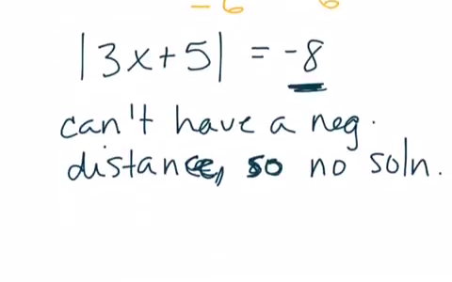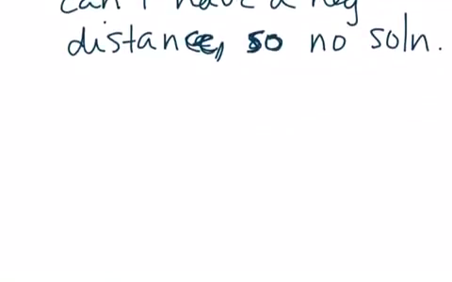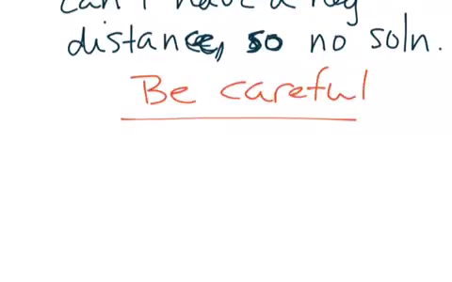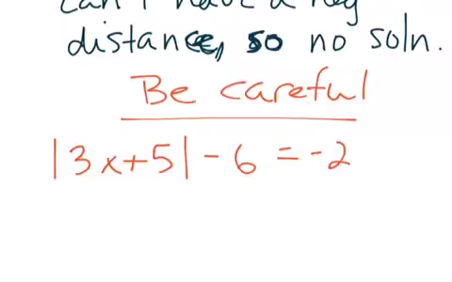Okay. Now I could have changed this one slightly to make it where it does work. So we want to be careful. Okay, if I had given you this problem and just changed it ever so slightly, and I made this a minus 6 instead, I don't want to jump the gun and say there's no solution just because there's a negative 2 there.